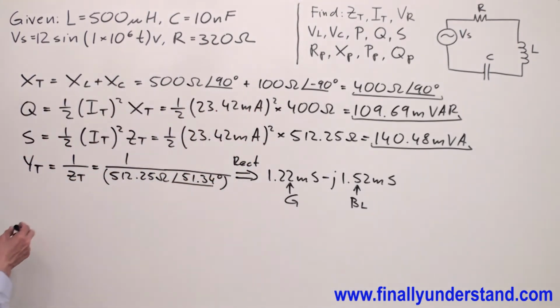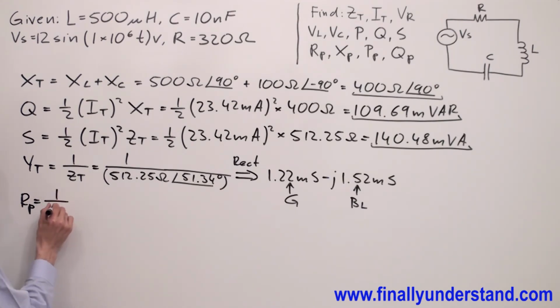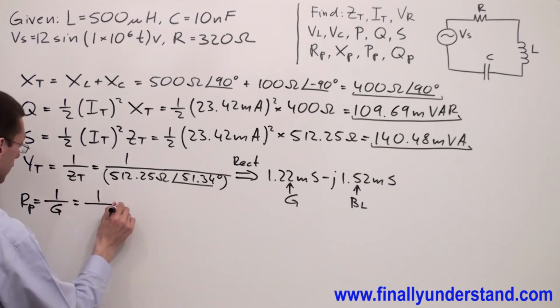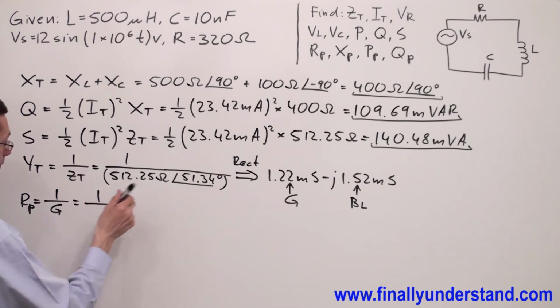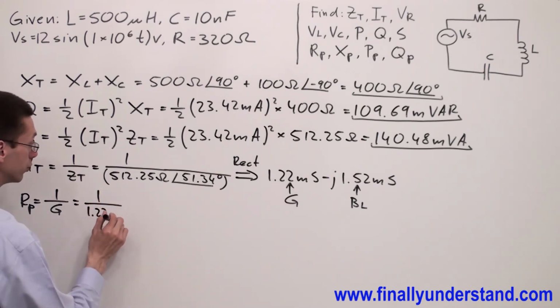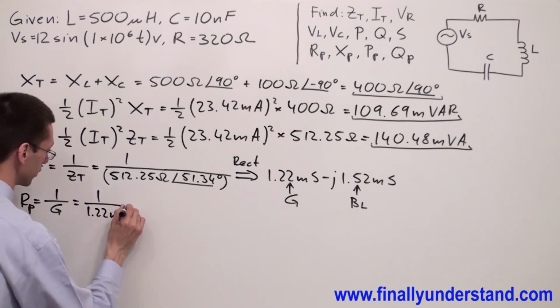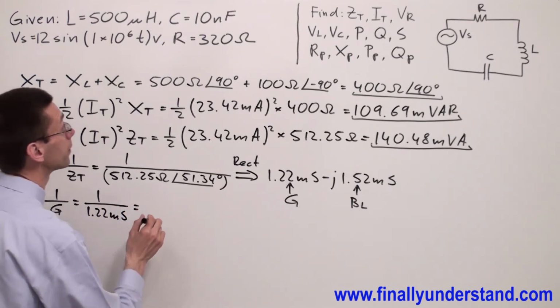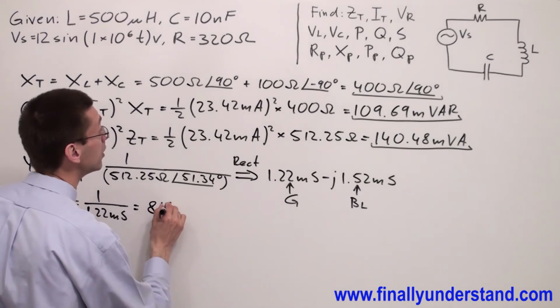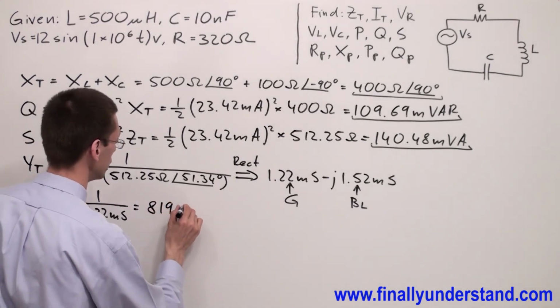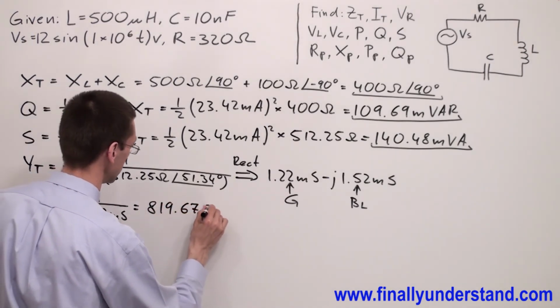In order to find resistance, I'm supposed to simply write the formula. R, I'm going to call this RP, meaning resistance from the parallel equivalent circuit, is equal to 1 over G. So this is equal to 1 over 1.22 millisiemens, which is equal to 819.67 ohms.